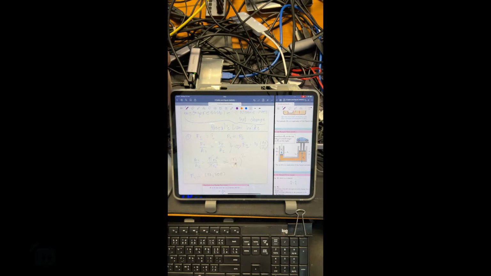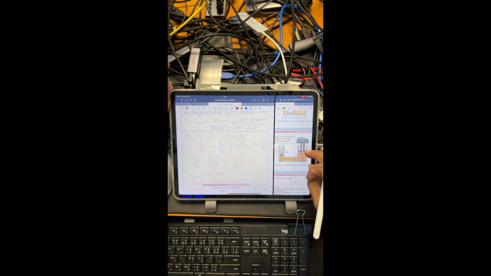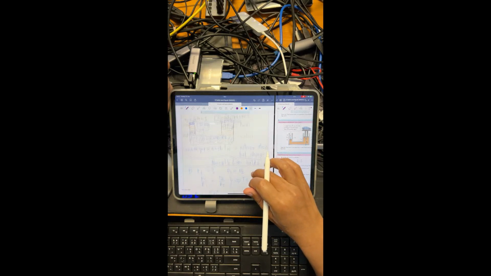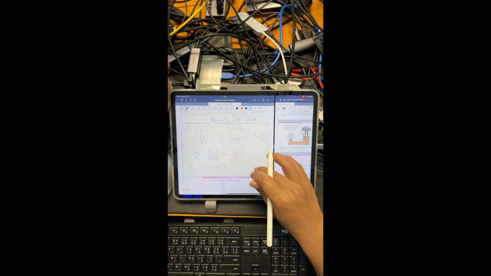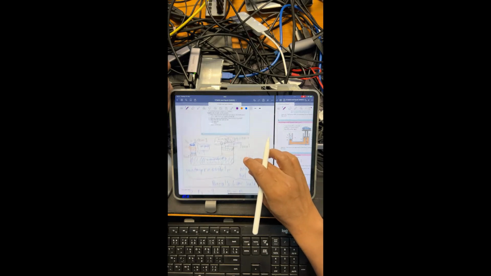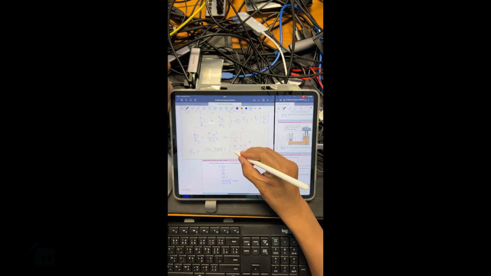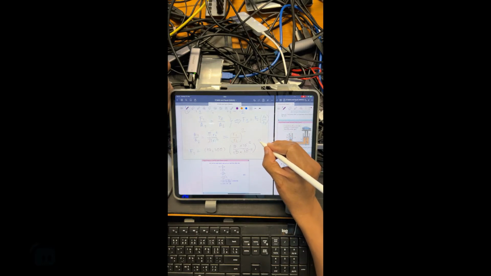square. So we're gonna write down R1. R1 is the radius on the smaller side, so it's gonna be 5 centimeter, 5 times 10 raised to negative 2. And on the right side, it's 15 times 10 raised to negative 2, and the power of 2.